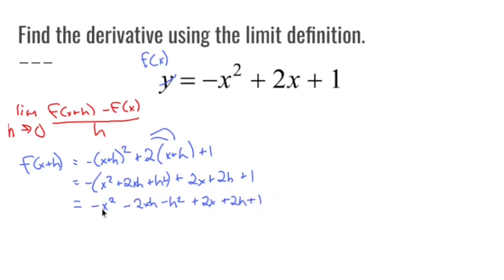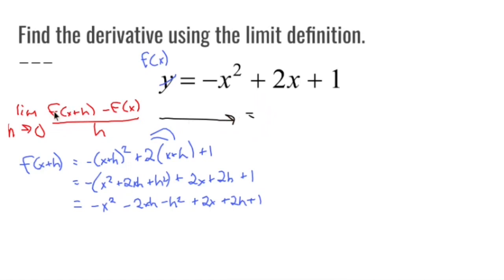Now, you might be thinking, oh, please let one of these guys cancel out. It won't, but don't you worry. Something eventually will cancel out. Now, over here, I'm going to rewrite this.